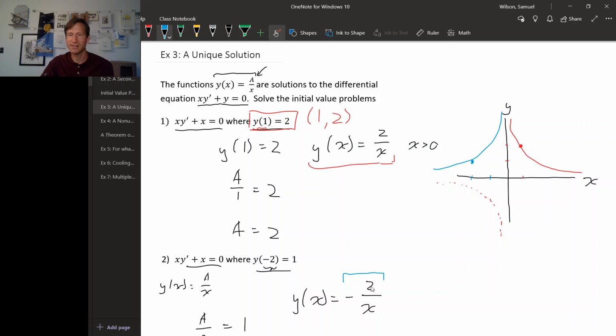This function, minus 2 over x, does have another part of the graph that's in the fourth quadrant, but that's not the part we want because that continuous part doesn't go through our initial condition. So the part we want is the part that has negative x values this time. To fully specify our solution, we can write down the formula for it, but also note that this has to have negative x values.